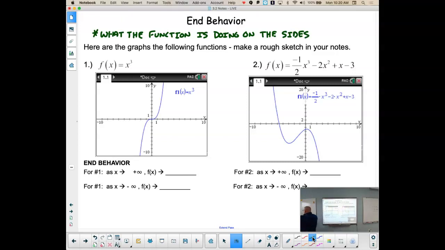So what's happening on the right side of our graph, what's happening on the left side of our graph. That's what end behavior is telling us. So here are two different functions. You can just sketch them in your notes to go along with it, but I would definitely have the sketch with them because that's going to help explain the end behavior.